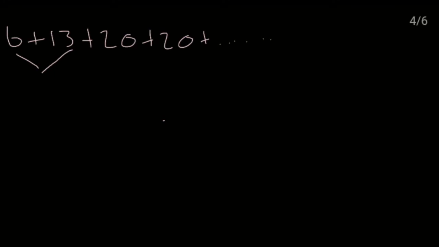Let's say 13 minus 6, which is 7. 20 minus 13, it's 7. So here should be 27. And then 27 minus 20 is 7, right? Now from here, let's go to the next question.